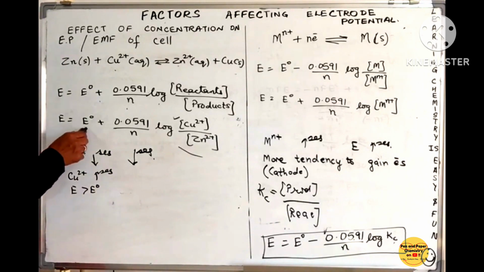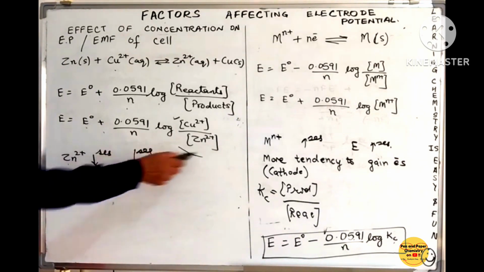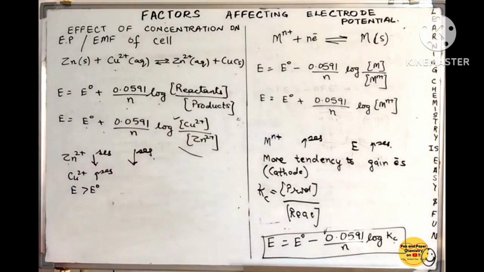So what will happen is E0 plus some value, it will be a positive value, right? So if it's a positive value, the new EMF of the cell will be more than the standard EMF of that particular galvanic cell, right?